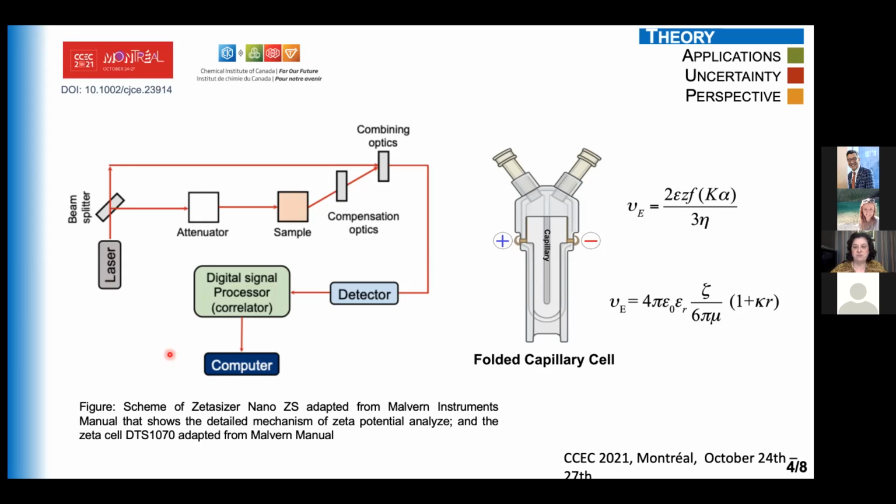This type of measurement is done using a folded capillary cell that has electrodes and a capillary where we add the sample. After the voltage is applied to the electrodes, we get the electrophoretic mobility measurement, and using this equation, the system is able to give us the zeta potential data.